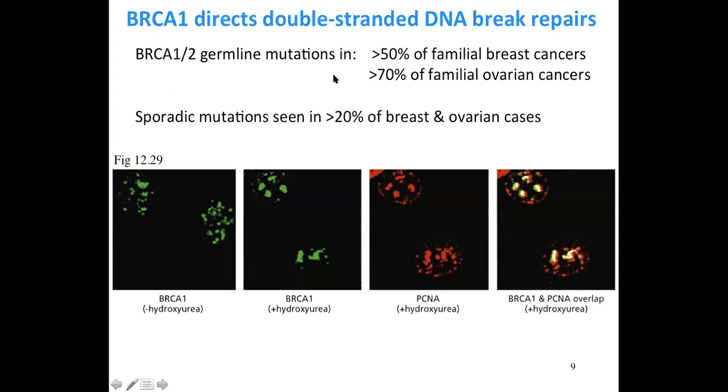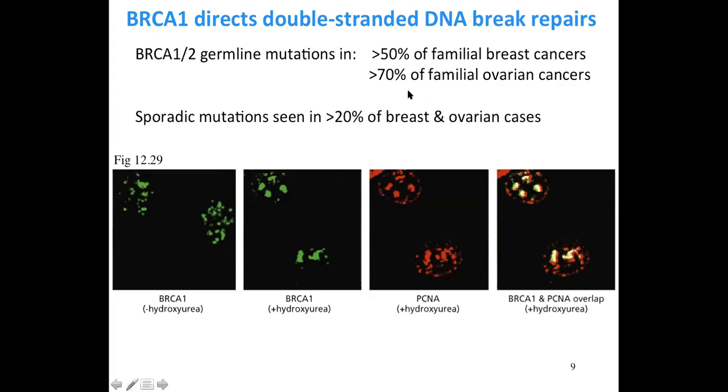It's very important, because if you look at the presence of BRCA1 or BRCA2 germline mutations in inherited cancers, so familial cancers, you'll find that in over 50% of cases of familial breast cancers, the individual has evidence of BRCA1 mutations inherited as part of the germline DNA.